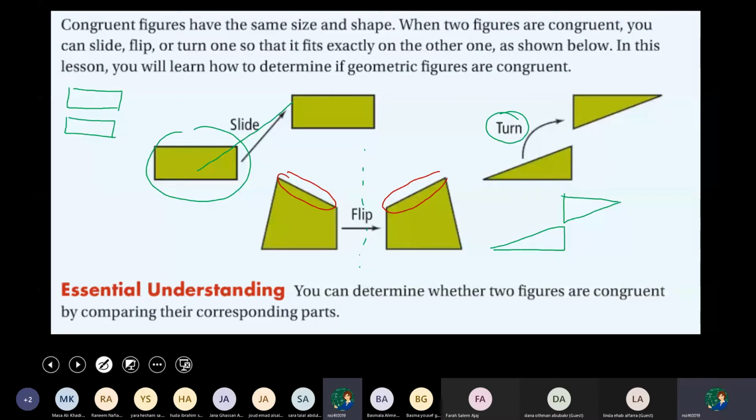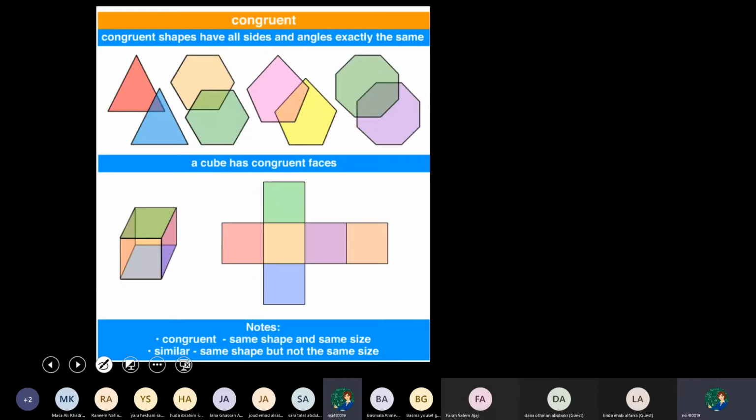But the first thing I want you to know is that in this lesson, we are talking about how we can determine whether these geometric figures are congruent or not. Now, let's start. Before talking about congruent, what's the meaning of congruent shapes? As I told you, they have all the sides and the angles exactly the same.